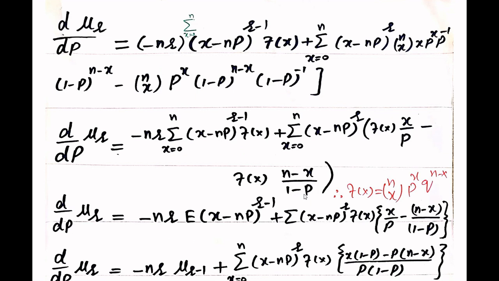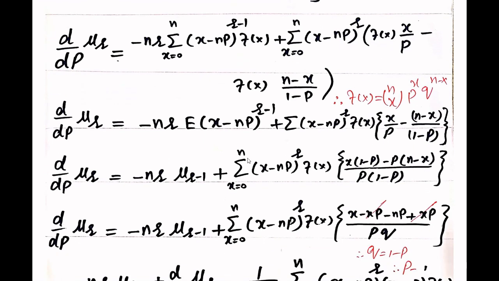We are left with (n minus x) over (1 minus p). As you know, f of x is equal to nCx p power x q power n minus x. Again, minus nr, expected value of (x minus np) whole power r minus 1, plus sum of (x minus np) power r f of x.